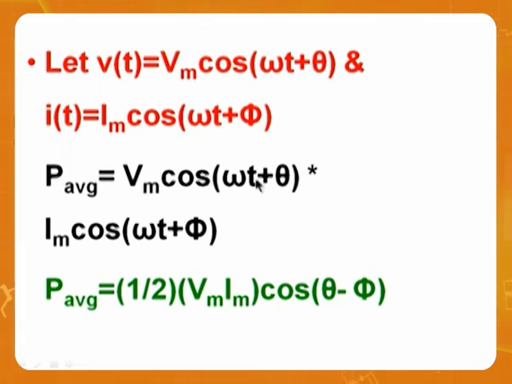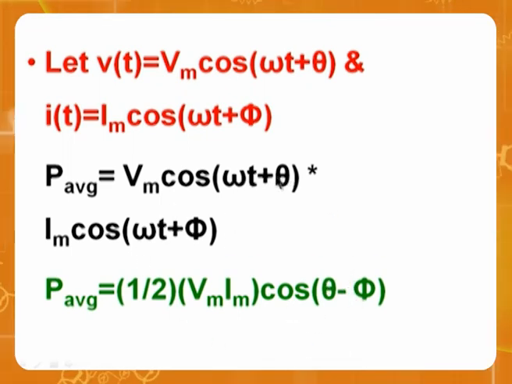Vm by root 2 and Im by root 2. 1 by root 2 times 1 by root 2 becomes 1 by 2. So half of Vm Im cos(theta plus phi), or the algebraic sum of the angles, you should say. If it is minus, you can put minus; if it is plus, you can put plus.